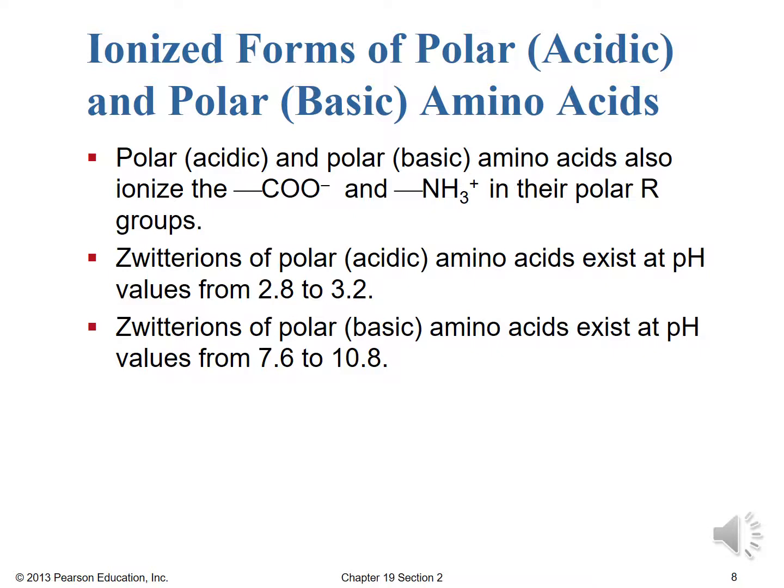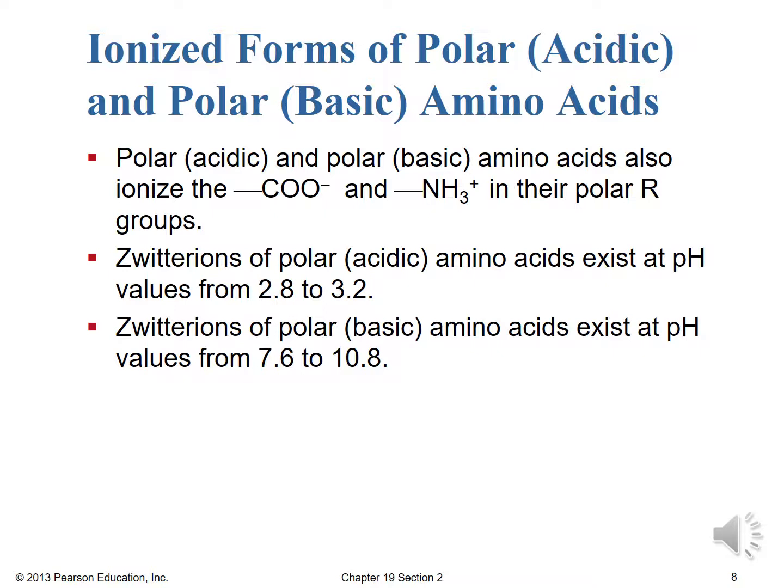Okay, so here we are ready to deal with the most difficult case. So we have the ionized form of the polar acidic and the polar basic amino acids. Polar acidic and polar basic amino acids also ionize the carboxylate or carboxylic acid and ammonium or amine group in their polar R group. So you don't only have the amino acid backbone, you also have the R group with an amine or carboxylic acid functional group to worry about.